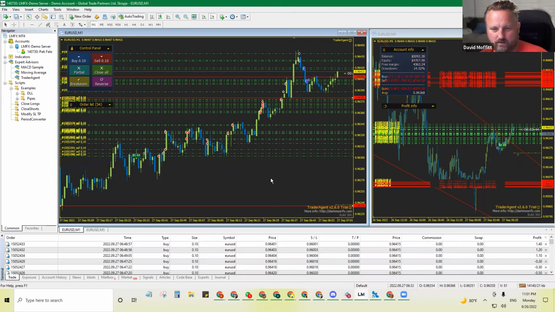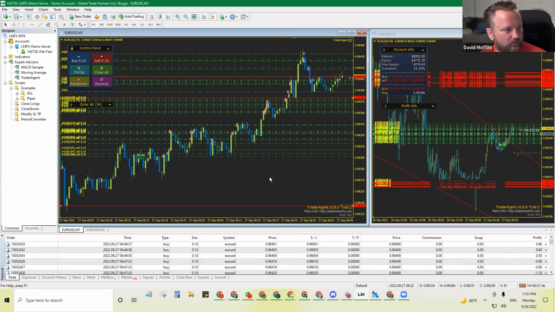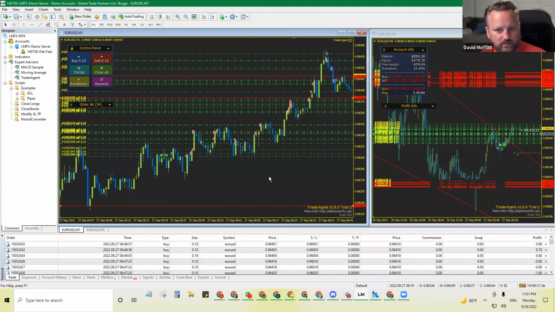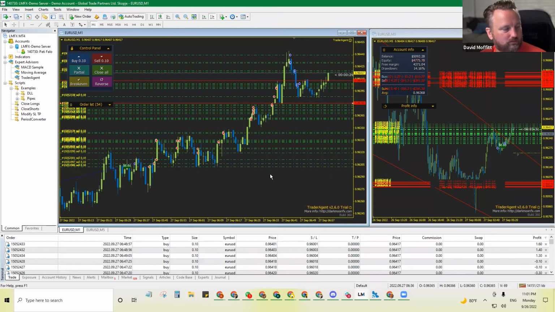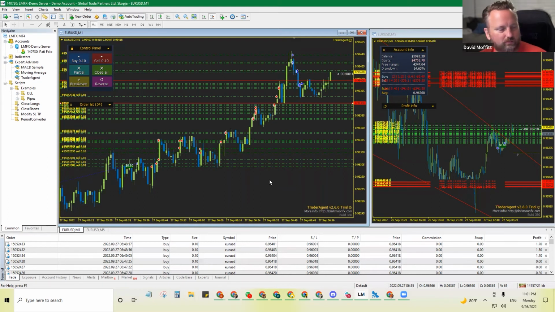So if we modify, let me see here. We want to modify our sell orders down to this line. It's going to be hard to do.